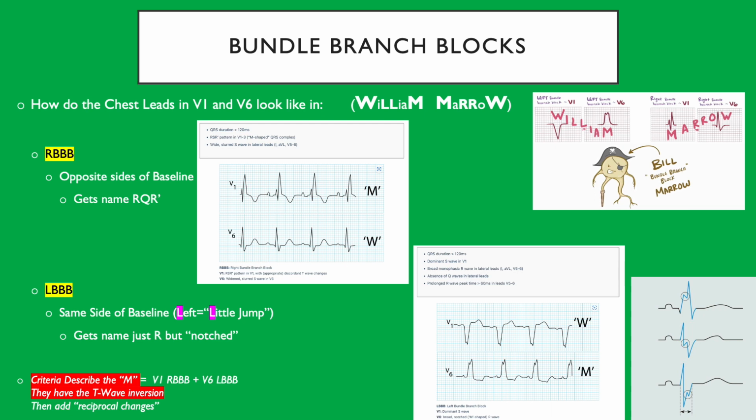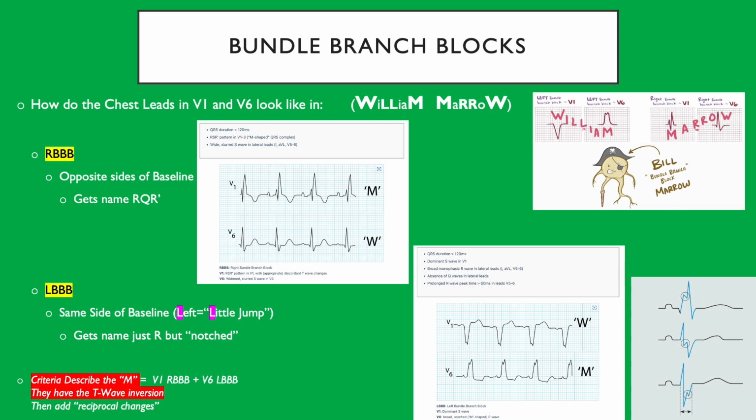Another thing, the left one is making a little jump, like you can see here, a little jump. It doesn't go to the other side of the baseline. But in the right bundle branch block, when you go to the M, you see that it changes from the baseline. Every time you change from the baseline, you get an extra letter. So this is RSR'. But the left bundle branch block is just notched.